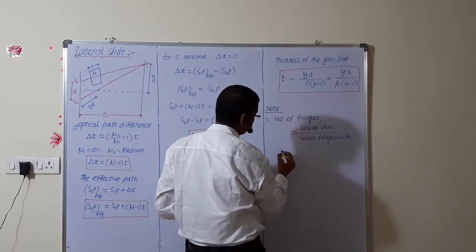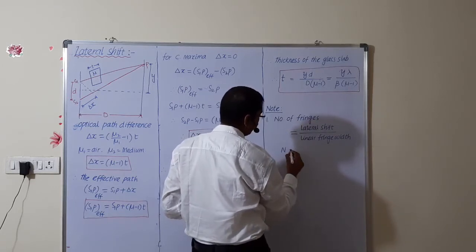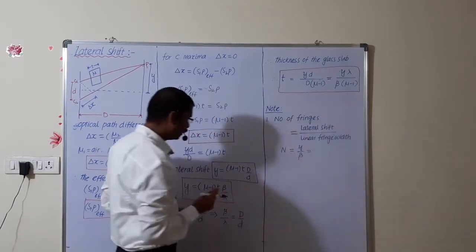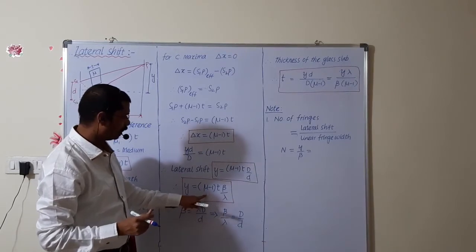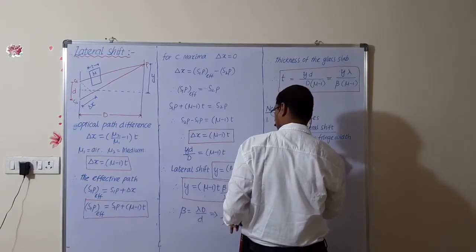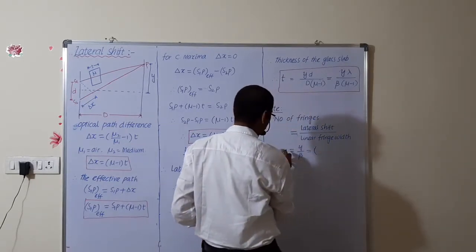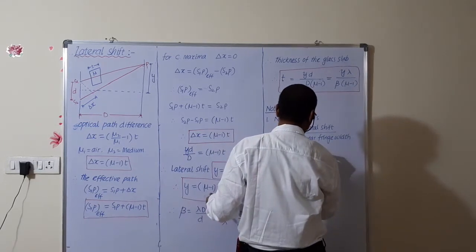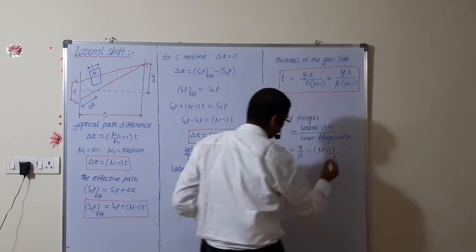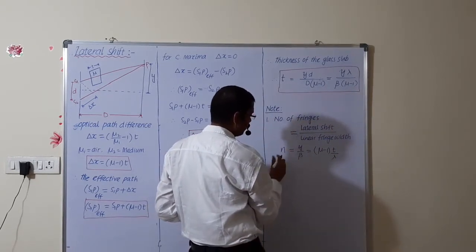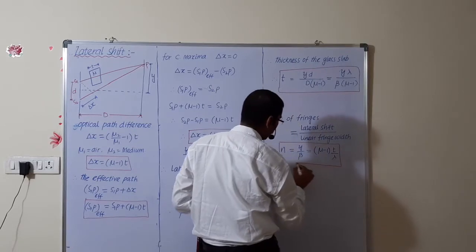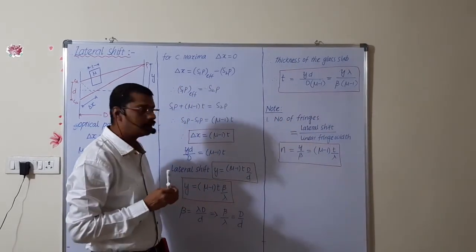So n is equal to y upon beta. If you substitute the lateral shift formula here, beta will cancel, and the number of fringes n is equal to (mu minus 1) t upon lambda. This is how to find the number of fringes from the lateral shift.